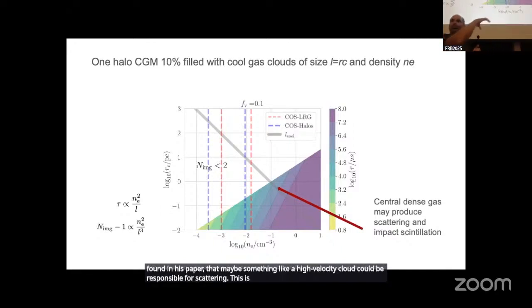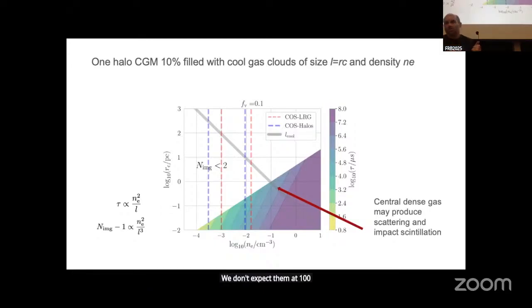This is the type of object we are talking about here. We know these exist in the Milky Way. We don't expect them at 100 kiloparsecs, perhaps, but they are close to the center. So these ones could affect the scintillation, meaning that they could suppress scintillation. So these are my two main takeaways here.